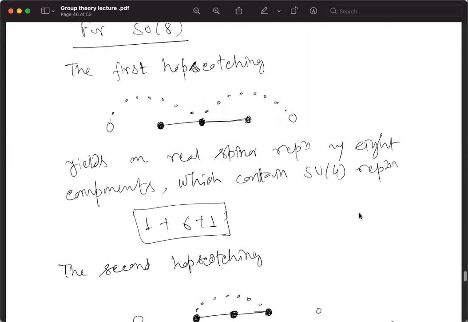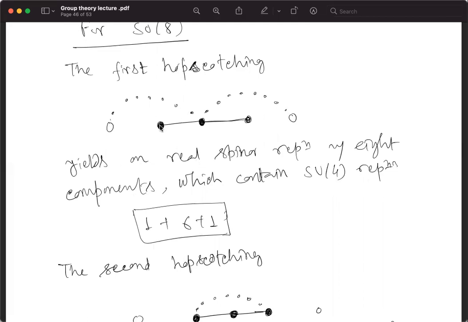Now for SO(8), we start with SU(4) in a Dynkin diagram, which is like this, and then we have this vacuum state. The first hopscotching gives you this and this. So it's a real spinor representation of 8 components, which contains SU(4) representations in the following form: 1 plus 6 plus 1.